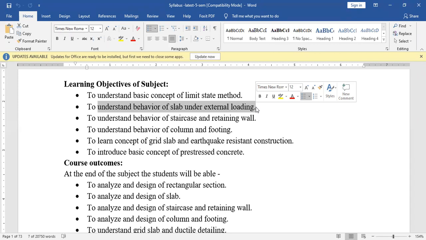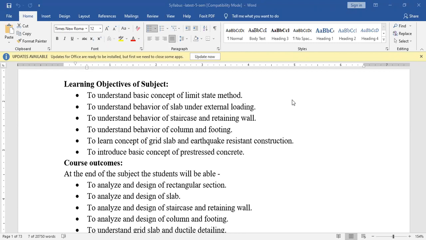According to those loadings, you have to check that any frame structure basically consists of loading transferred from slab to beam, from beam to column, then from column ultimately to the footing, and then from footing, of course, to the soil.